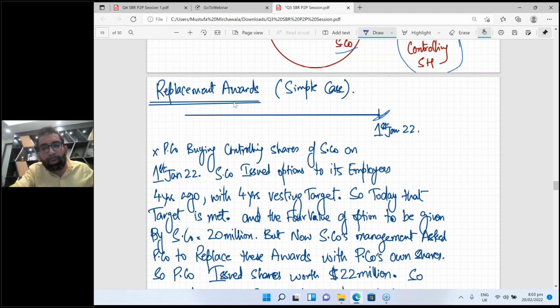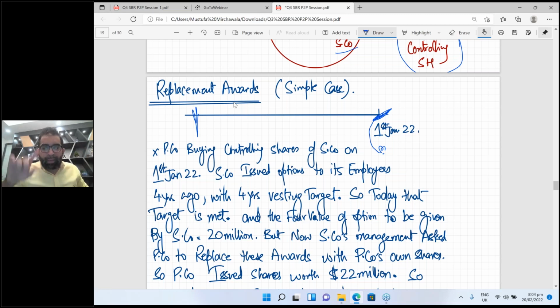S company promised their own employees 4 years back that if you stay with us 4 years, we'll give you this many shares. Now these 4 years are completed on 1st January 22.